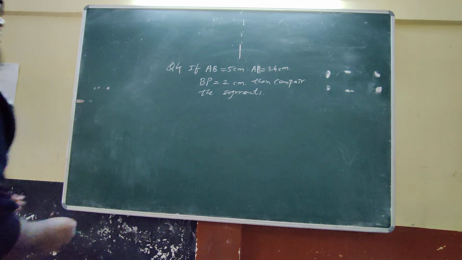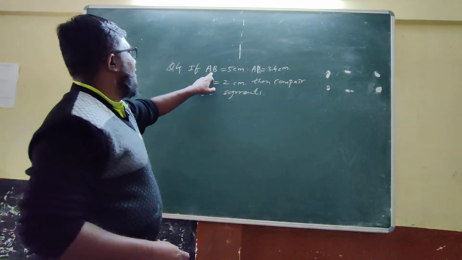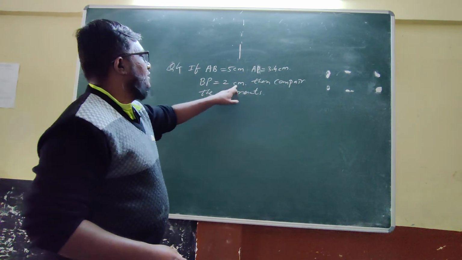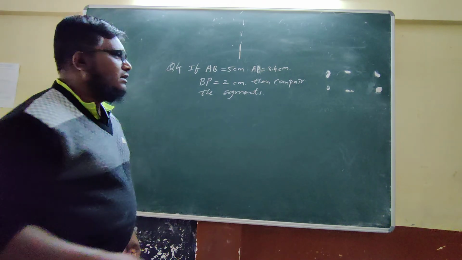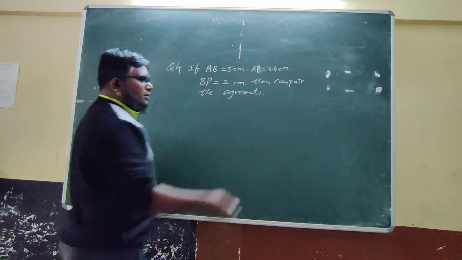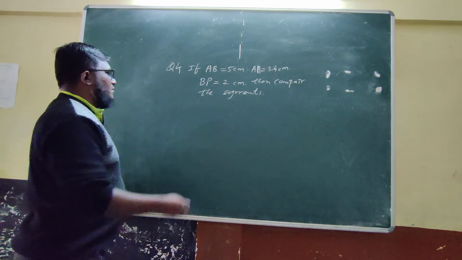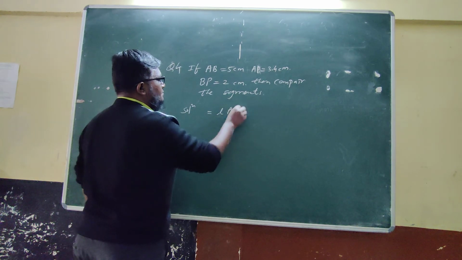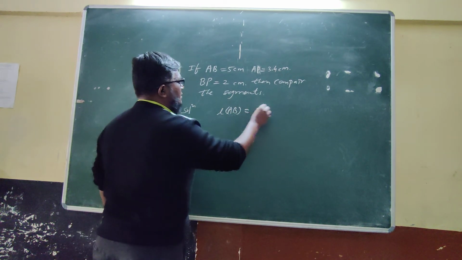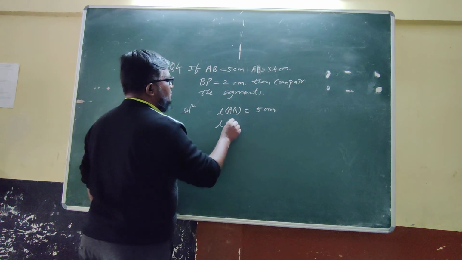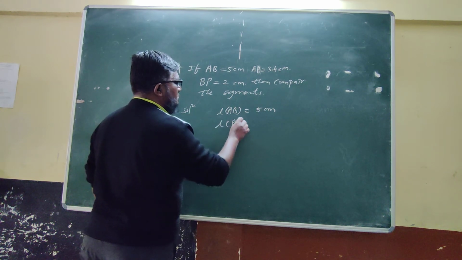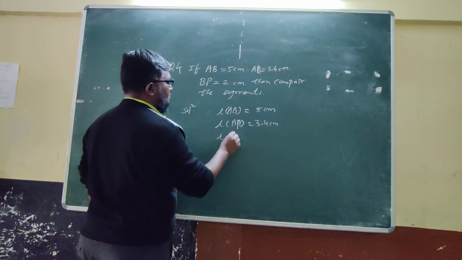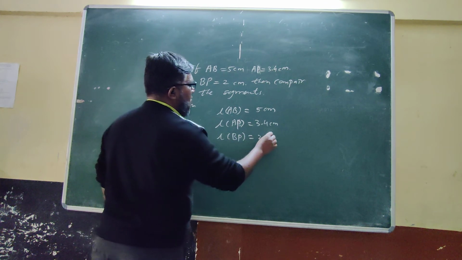Now, students, the fourth question is given like this: if AB is 5 cm, AP is 3.4 cm, and BP is 2 cm, then we have to compare the segments by writing the signs of greater than and smaller than. In the solution, we write the length of AB is equal to 5 cm, length of AP is equal to 3.4 cm, and length of BP is equal to 2 cm.